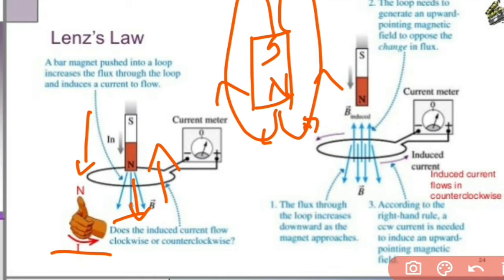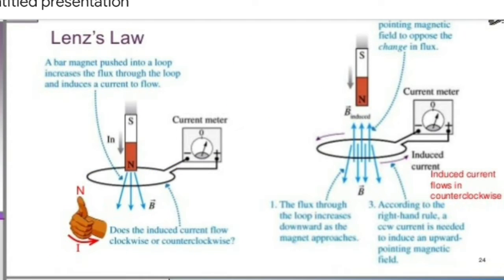There are only two options for the direction of current, whether it is clockwise or counterclockwise. Here, for the magnetic field to be in the upward direction, the current should be flowing in the counterclockwise direction. You can see this diagram also.